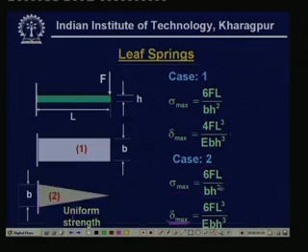What is this advantage? You will always have more resilience. The resilience of the spring will be more. The resilience we learned in our earlier course is the stored energy per unit volume. So, it will have more resilience because it has more deflection. At the same time, the material requirement for this uniform strength beam is much less compared to a beam of uniform cross section.